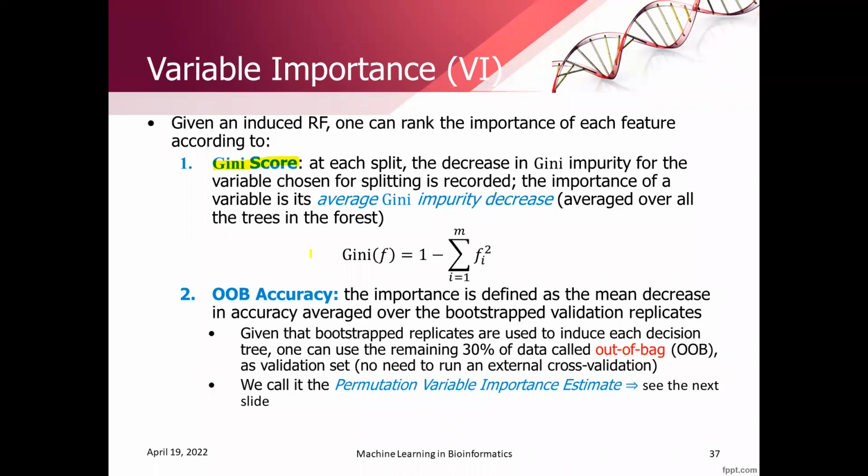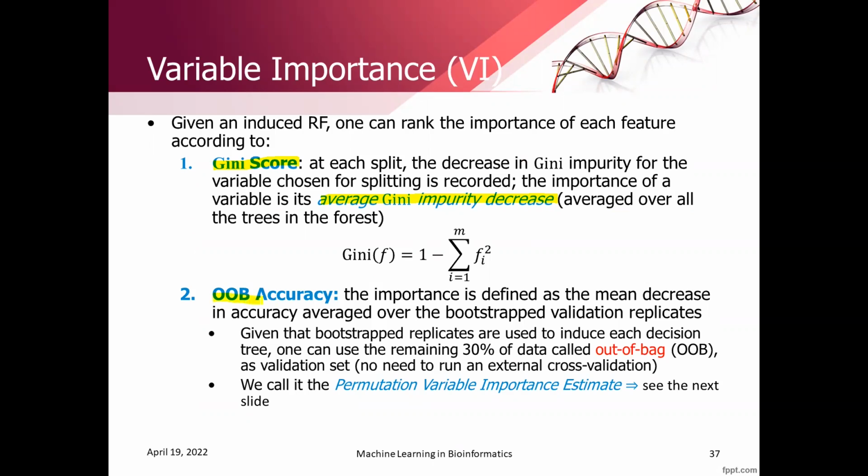And we can measure, in all nodes where the given attribute was applied, how big was this decrease. This is called the average Gini impurity decrease. So we use the Gini criterion, and we average that through all the nodes and all the trees in the random forest. And the biggest decrease of the impurity will denote the variable with highest importance.